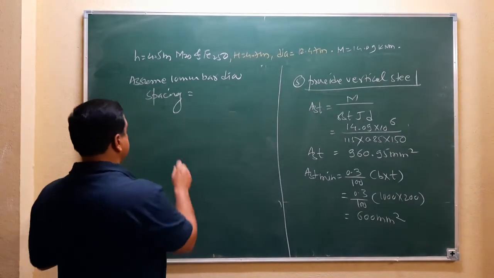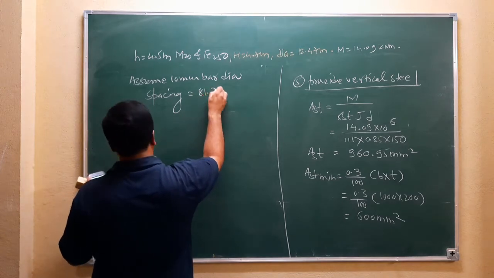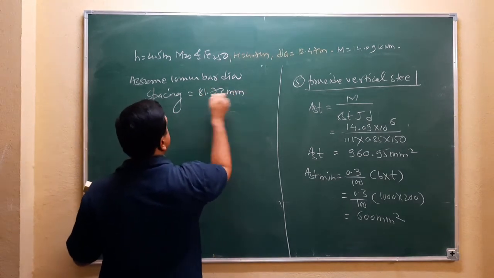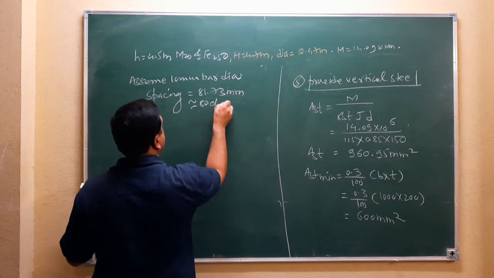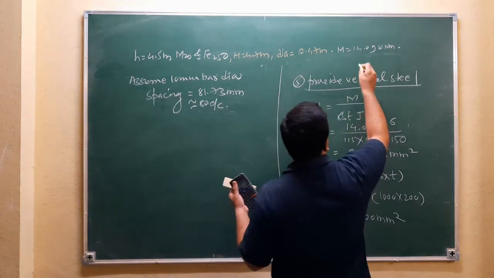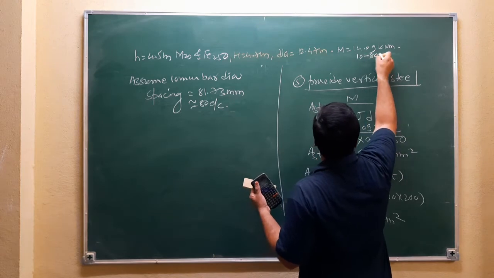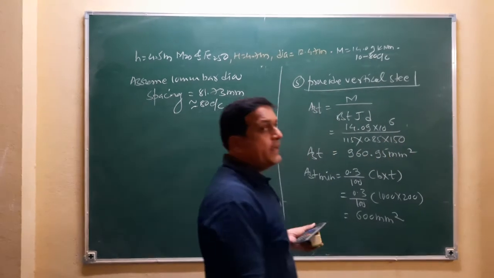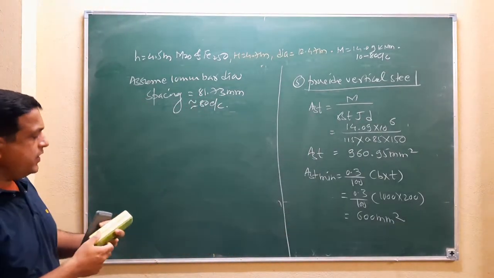It is 81.73 mm. Say as 80 center to center. So the bending moment steel is 10 mm bar diameter, 80 center to center vertical.